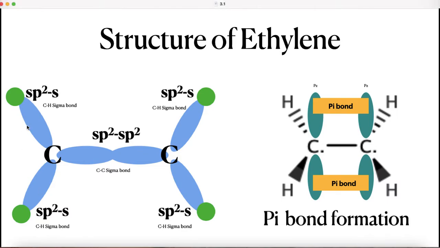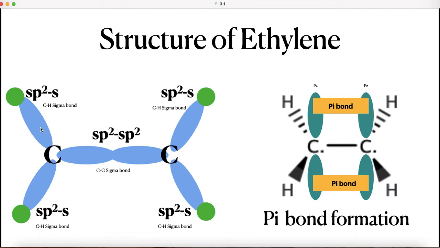There is the formation of these three sp2 hybrid orbitals. The geometry of the sp2 hybrid orbital is planar and trigonal, having a bond angle of 120 degrees.